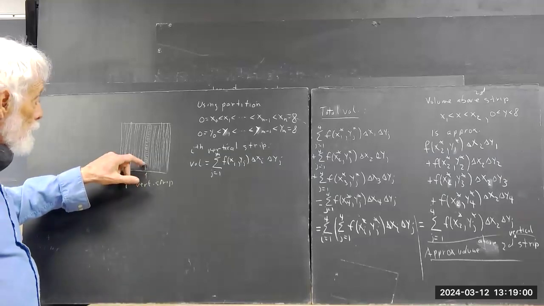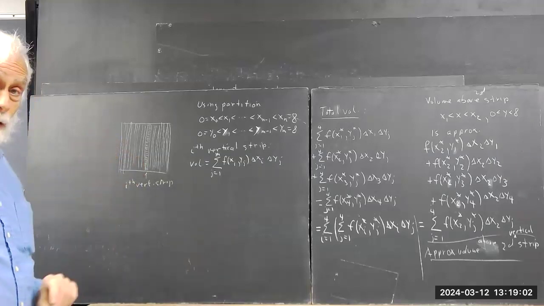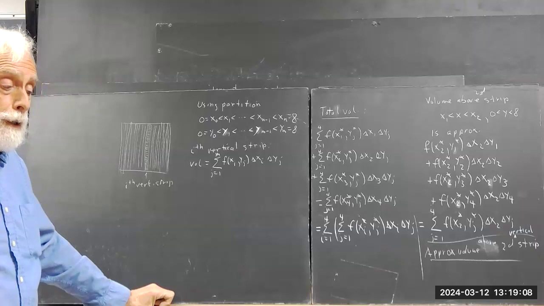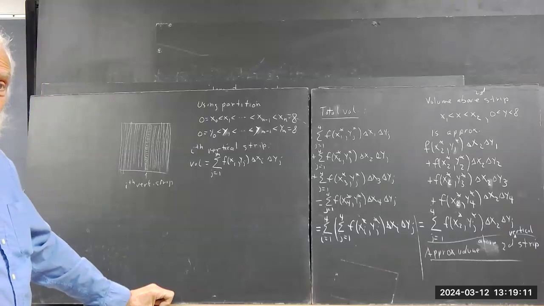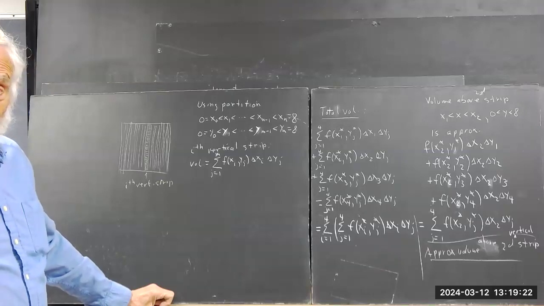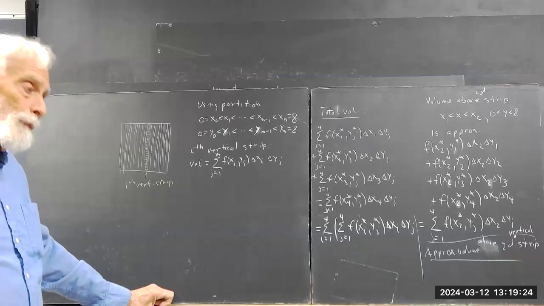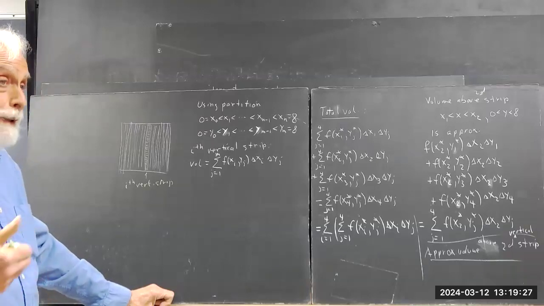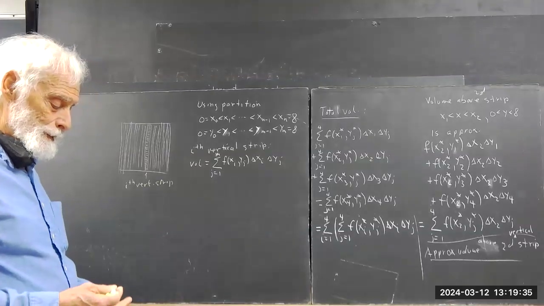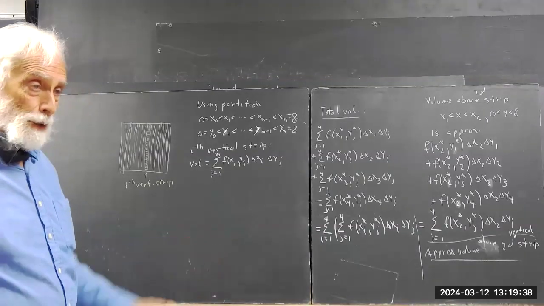Because within any one of these tiny rectangles that make up this vertical strip, our function f is not going to have room to change by much, because x and y aren't going to be able to change by much. So whatever our sample point is, our x and y is going to stay close to it, and f of x, y is going to stay close to that value. But close isn't good enough. In a minute, we're just going to take limits, just let these things shrink to zero.